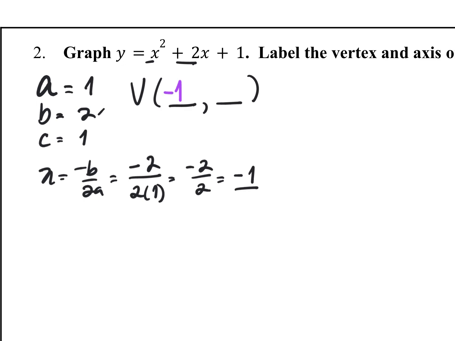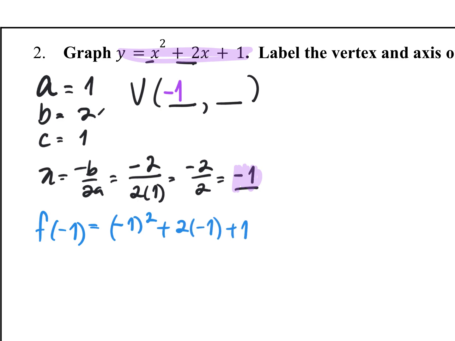Now we're going to find the y value of this. We're just going to use the negative 1 that we have just computed and put it in our function here. Okay, so f of negative 1 is equal to negative 1 squared plus 2 times negative 1 plus 1.